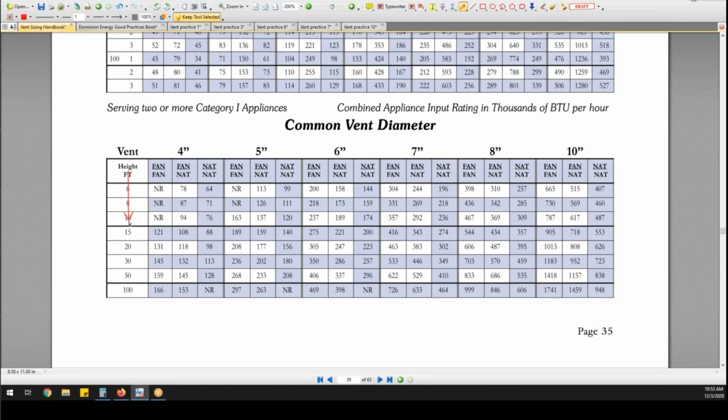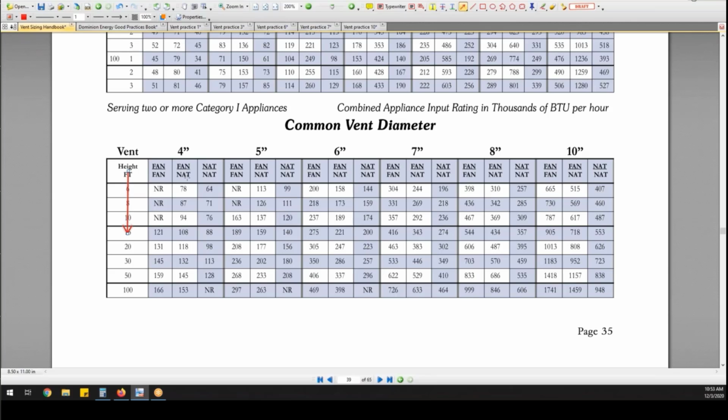So I read down to the 15 feet, and let's see, are my appliances 2 fan-assisted appliances or one fan-assisted and 1 natural draft appliance?